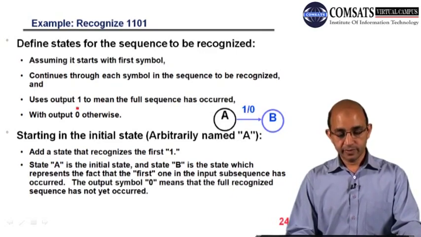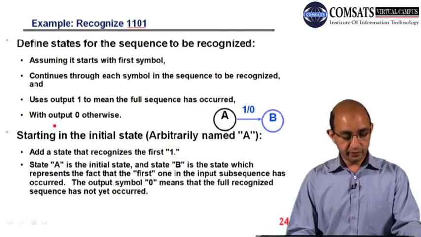Output 0 means that this combination has not occurred. Whenever we have 1 as output, it is understood that the sequence has already occurred, and we have recognized it as 1 1 0 1. Then we will continue for each symbol.